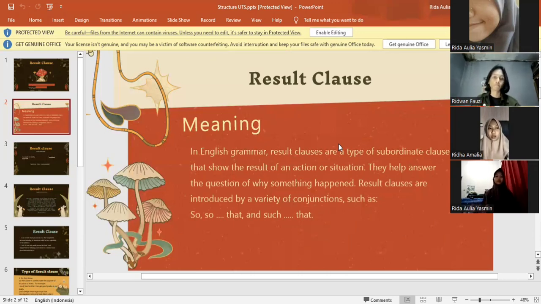Now we will learn how else we can write result clauses in English grammar. Other common ways to write result clauses are to use the phrase as a result or with the result that. This is because clauses starting with as a result can also act as an independent clause, so you could even start a new sentence using this phrase.